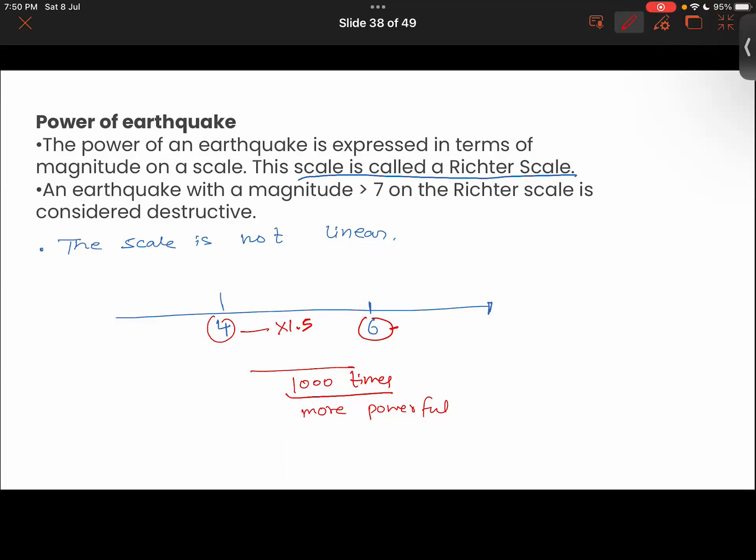Imagine this. It is not just 1.5 times greater. It is almost 1000 times more destructive than it.